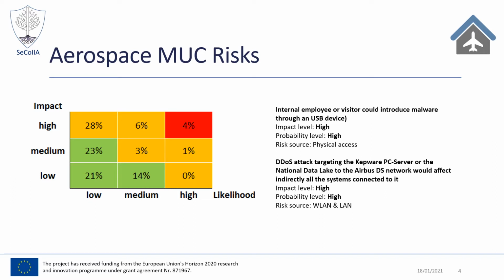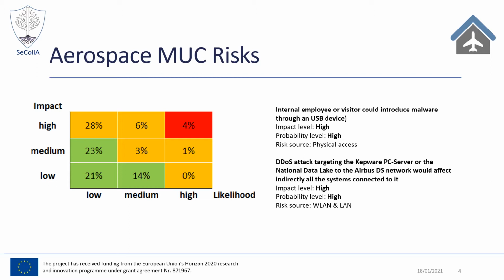You will see that we have a 4% high likelihood of high impact risks, and most of the risks that we found are located on the low parts, on the green side, which won't be impacting much the use cases. And then the second number of risks that are affecting this use case will be on the mid part, so you will see high impact but low likelihood of happening, and so on.